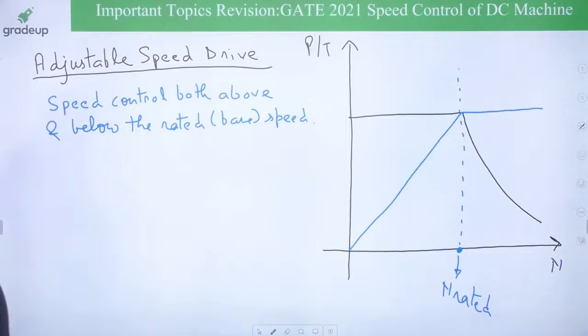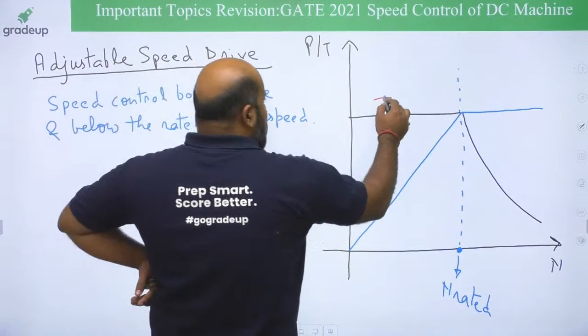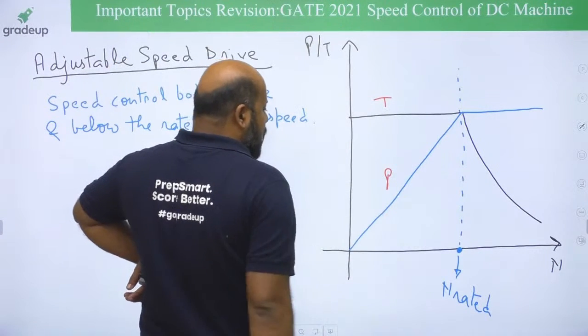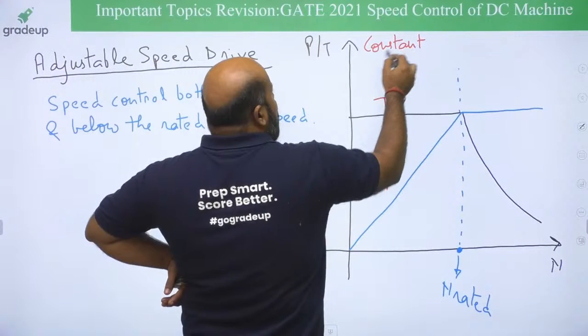Now if you see less than the rated speed, you will be getting a constant torque and variable power drive.